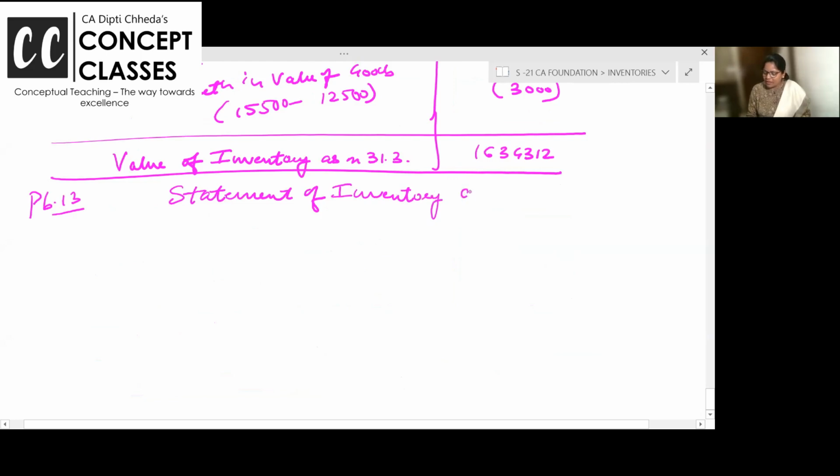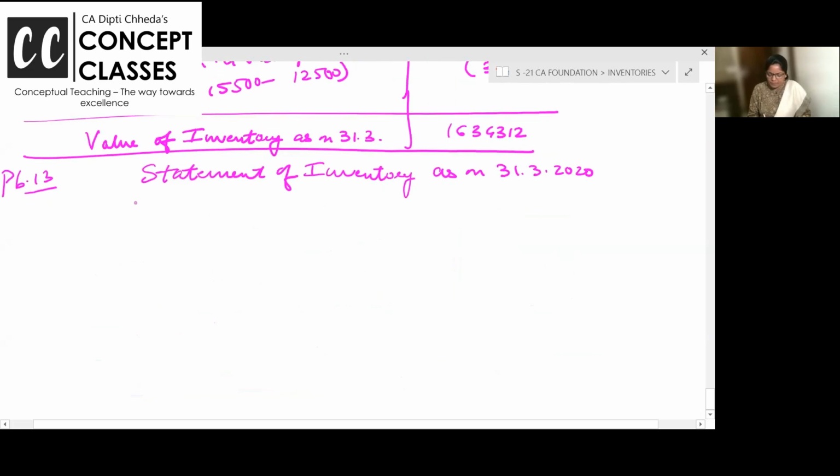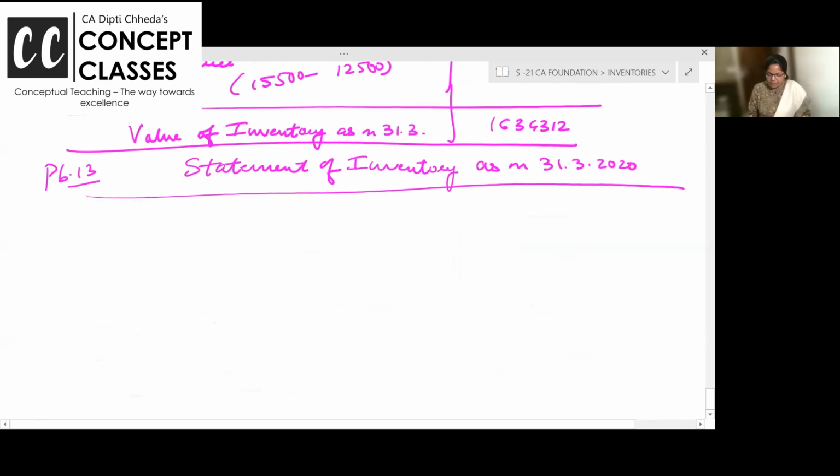Statement of inventory as on 31st of March 2020.